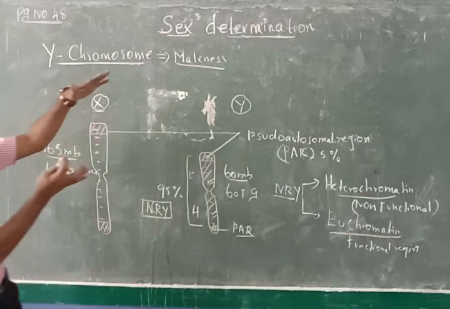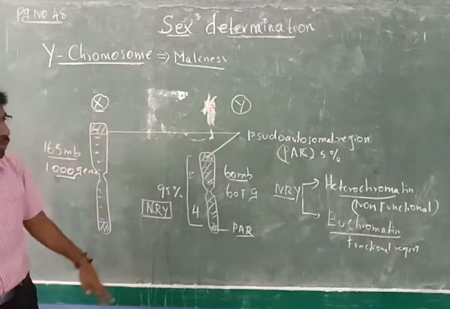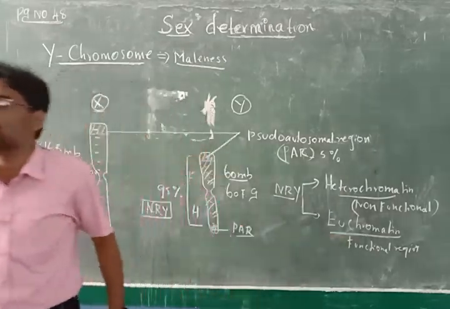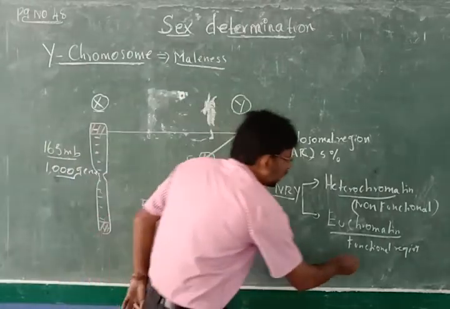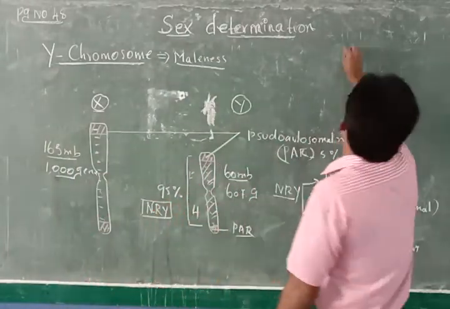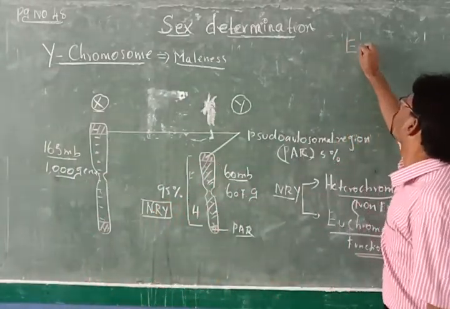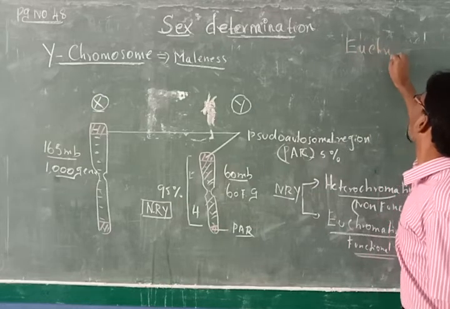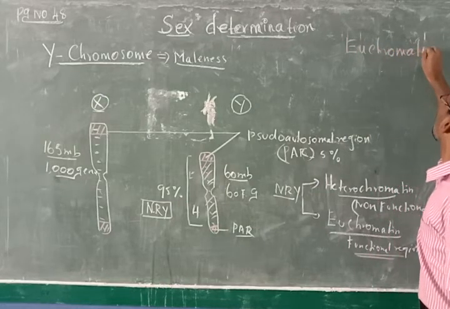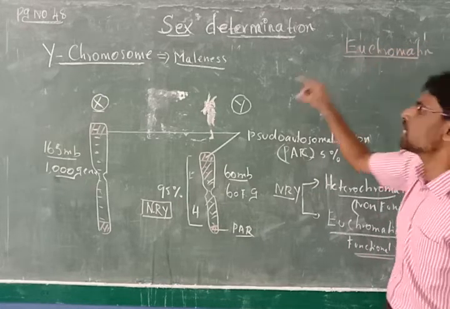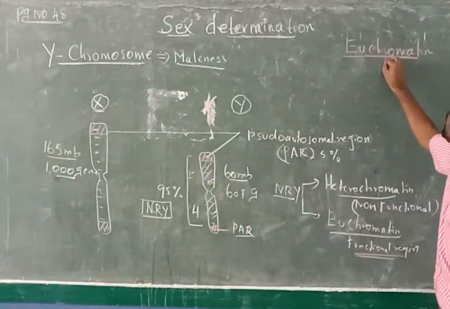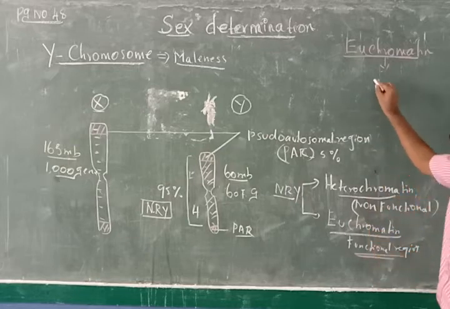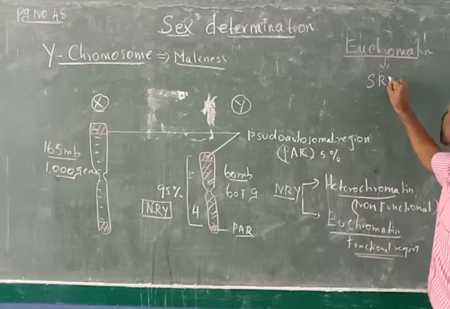So out of this entire Y chromosome, only the euchromatin will have the functional region. That means a gene located in this euchromatin. So here I just write it here. The euchromatin is the functional area of this Y chromosome. See why it is functional? Because it has a gene called the SRY gene.